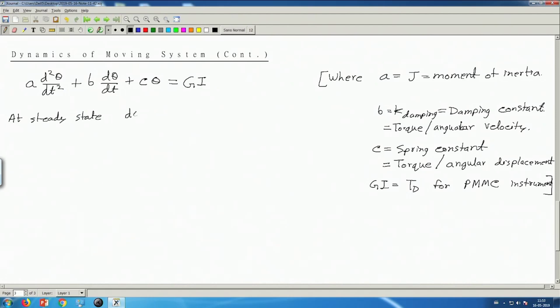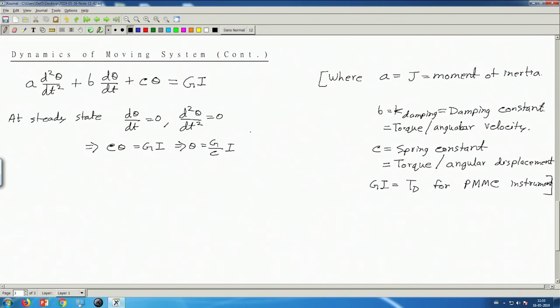So, we will have d theta dt equal to 0, we will also have the acceleration equal to 0 at steady state when the pointer stops completely at some position, and then we will have c theta is equal to g I, or theta is equal to g by c I. So, this is nothing but the sensitivity, g by c will be the sensitivity of the instrument.